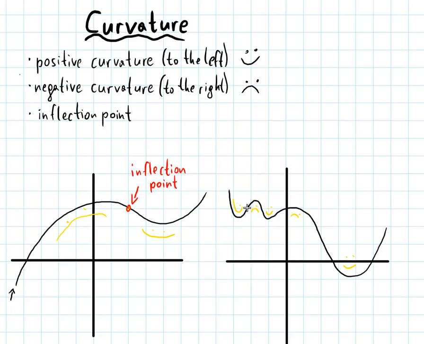For instance, one inflection point could be here, another one here, here, and maybe here. So we have 1, 2, 3, 4 inflection points. We could label them I1, I2, I3, and I4 for the inflection points.